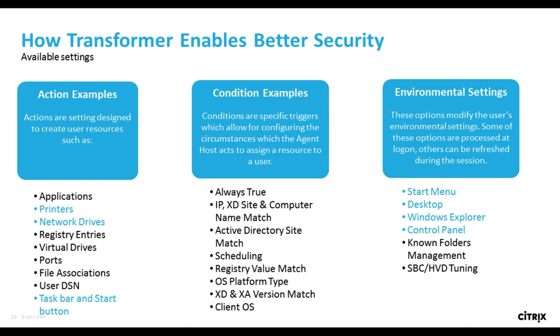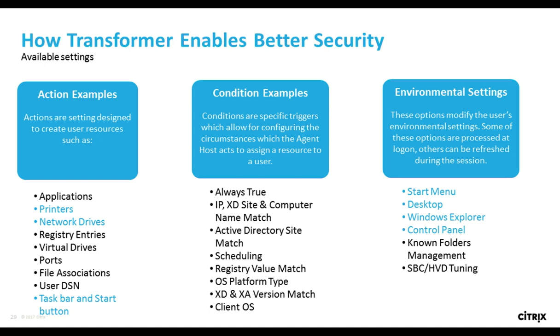We could set up an Active Directory site match. So if the user happens to land in the wrong place or whatever, you can lock that down so they're not trying to get to some AD that's not in your environment. You can do registry value matches, check for OS platform types, etc. And then there are environmental settings available all within WEM as well, where you have things like controlling the start menu, showing the desktop, not showing the desktop, enabling Windows Explorer or not, showing only known folders, or any sort of other HVD type tuning that's available.